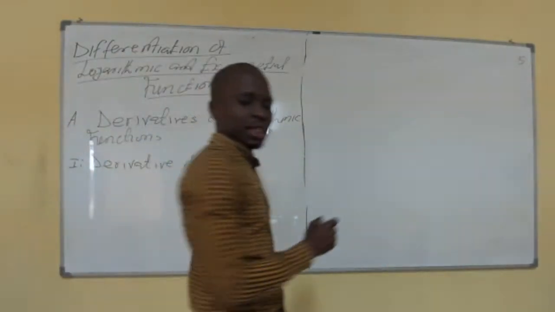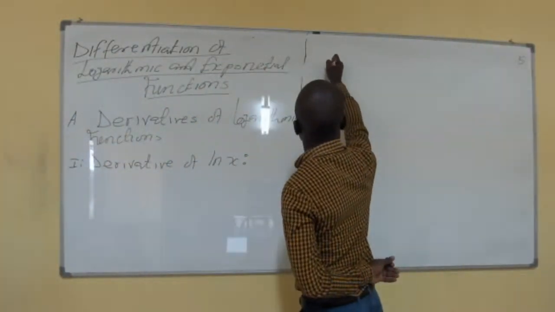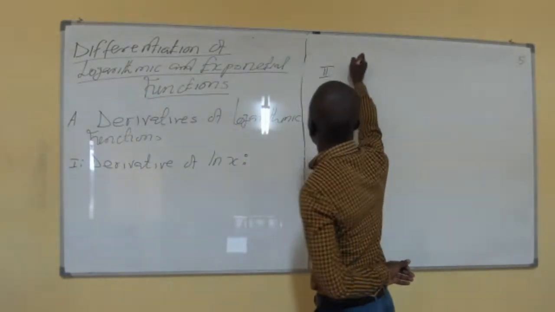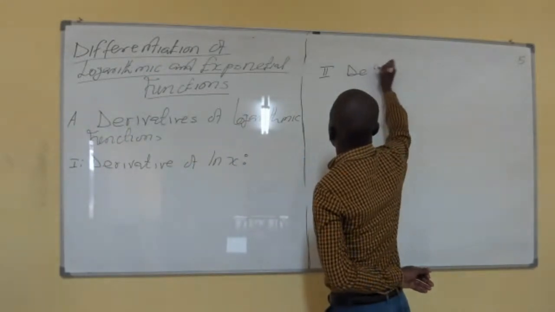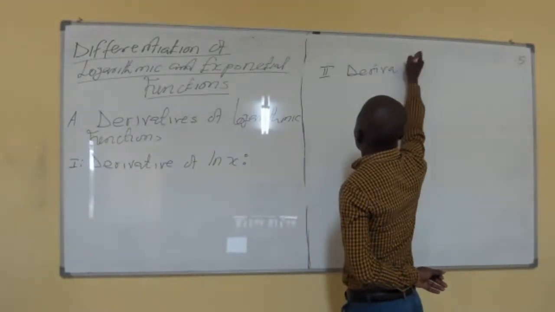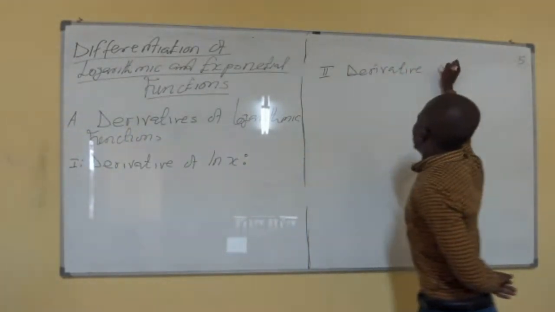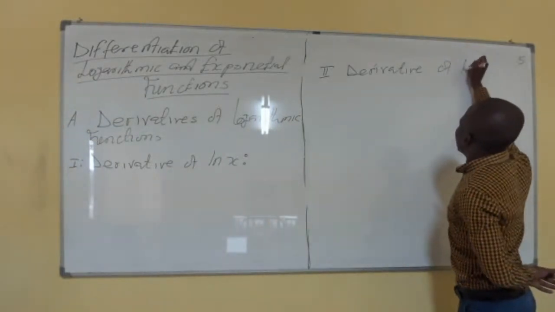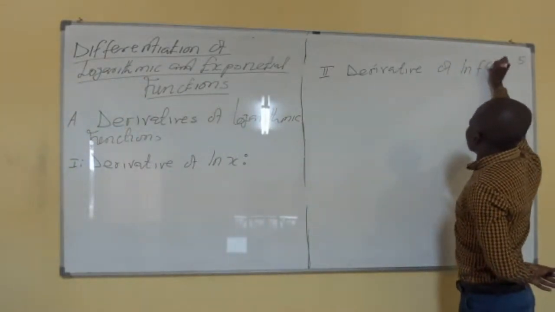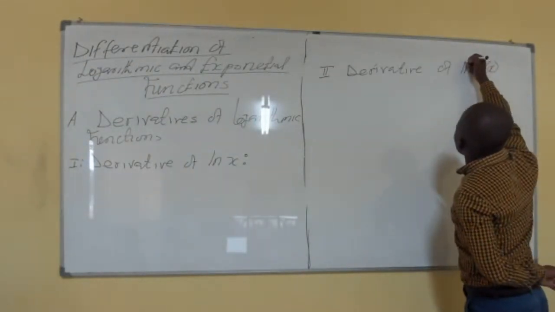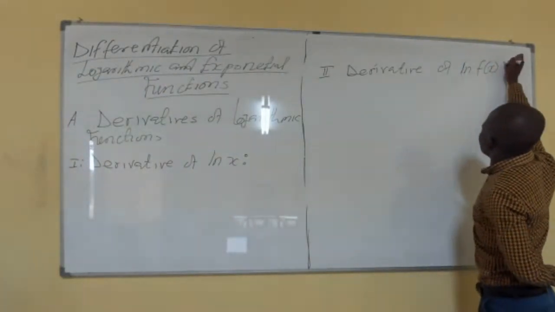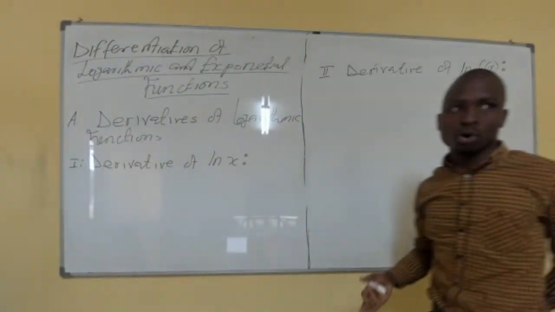Under the second part, under logarithm, we are going to look at the general derivative of, for example, ln of f of x. So basically, I would ask you to research more.